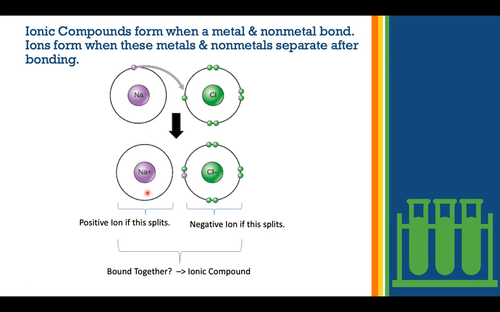So what is happening here is that the amount of neutrons and protons within the nucleus of the sodium did not change, but the only alteration was for the electron to leave.